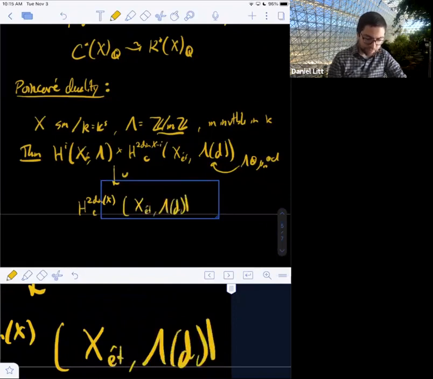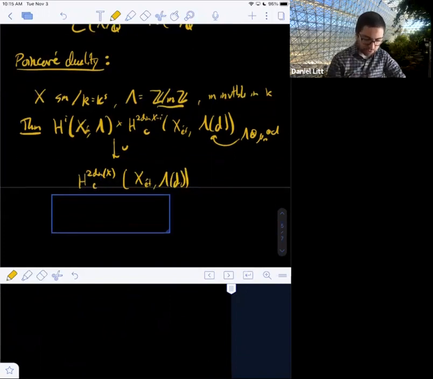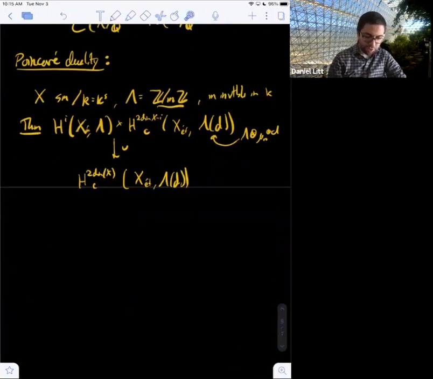So maybe before I finish stating the theorem, just a remark. Why is this where the cup product maps to? Well, how do you compute these things? To compute the thing on the right, you take a compactification of X, and you take the extension of lambda(d) by 0 to the compactification. To compute the other, you would take the derived pushforward of lambda to the compactification, and then use the Leray spectral sequence.